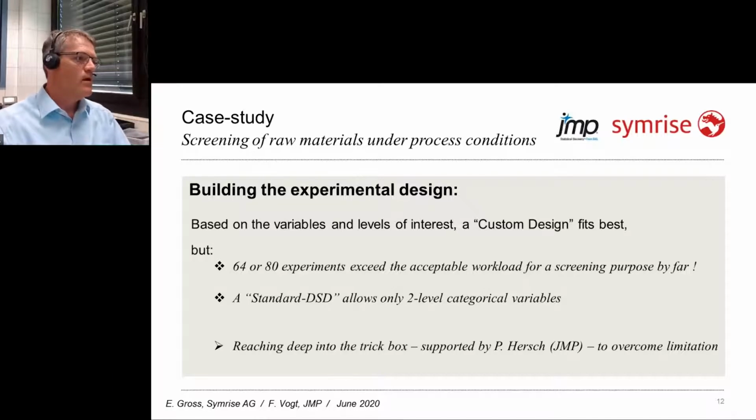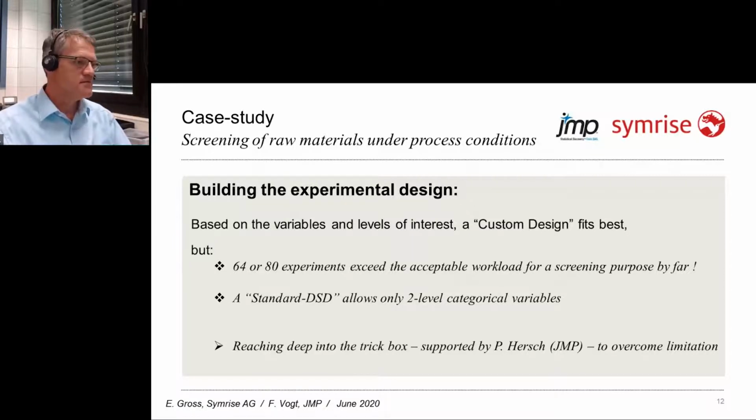So based on the variables and the levels of interest, the custom design fits best, but we have to invest a lot of time and money to do those 80 experiments. On the other hand, the standard DSD approach, which Florian showed, is only valid for 2-level categorical variables. And in our case, we had one which we wanted to investigate at 4 levels, and the other, the day, which then came by as a side effect, also for 4 levels.